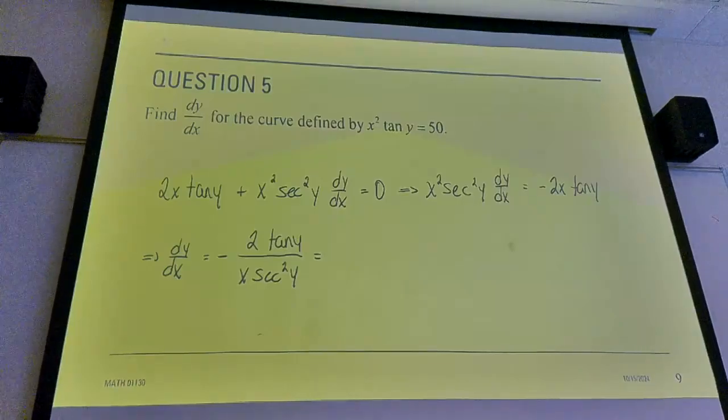I can write this in terms of a single trig function. The question is how. What's secant? One over cosine. Secant's 1 over cosine, so 1 over secant squared is cosine squared.